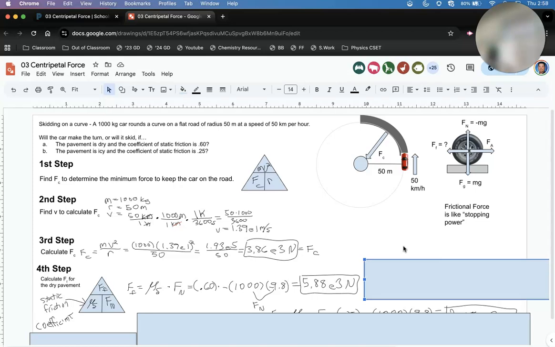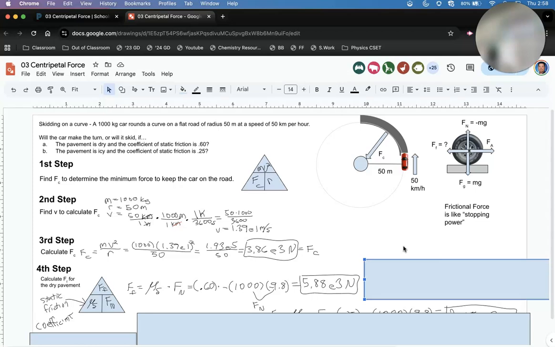The force of the tires, the friction, is higher than the force needed to stay on the road. So what do you think is going to happen to the car when it turns? Because if the force of the tires is lower than the force needed, the car flies off the road. So what's going to happen if the force of the tires is higher?